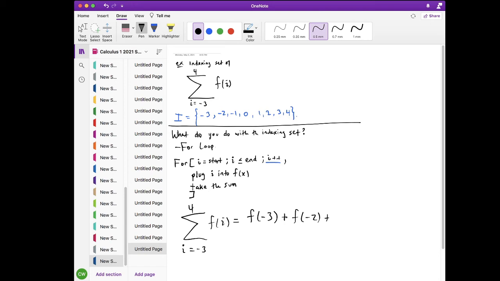When do you stop? You stop at the ending index. There's only a couple terms here, so I can write out everything.